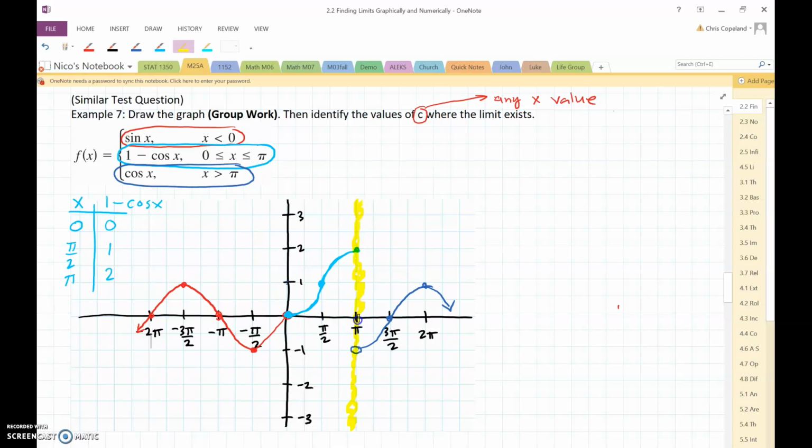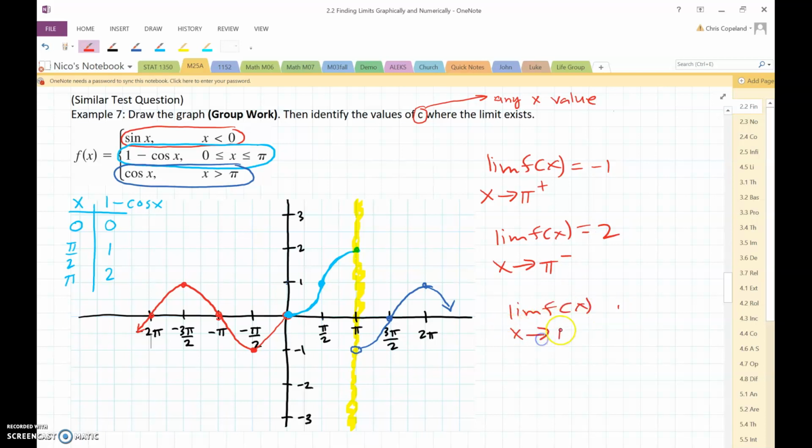The reason why the limit won't exist here is if I looked at the limit of f of x as x approached pi from the right, it would equal negative 1. And if I looked at the limit of f of x as x approached pi from the left, it would approach 2. Therefore, the limit of f of x as x approaches pi does not exist.